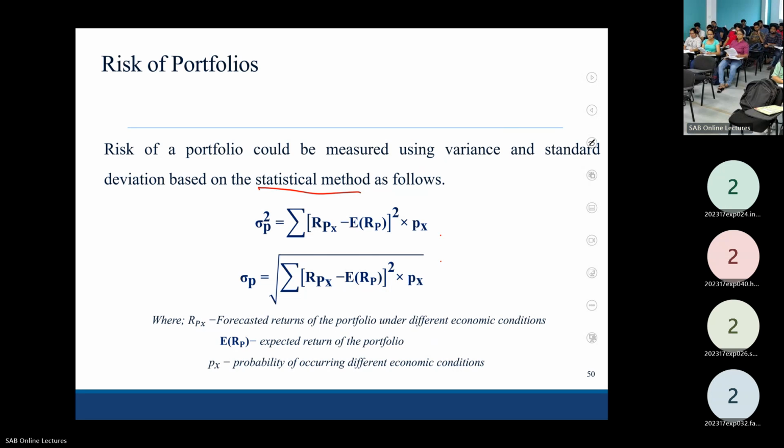Really, to be a well diversified portfolio, at least it should have more than 20, 30 stocks in the portfolio. So when there is a large number of stocks in the portfolio, applying this formula is possible but very difficult. With two stocks, you can do this one.